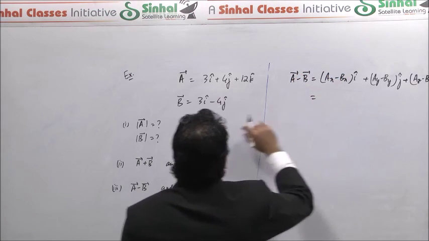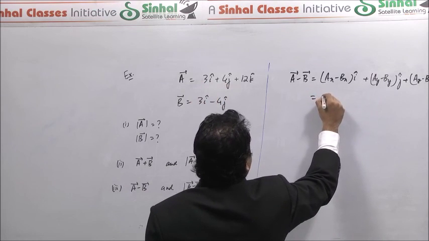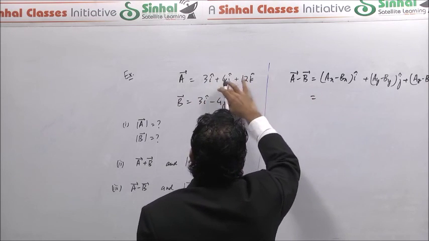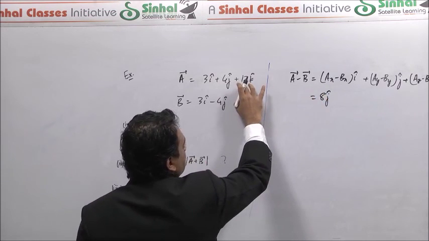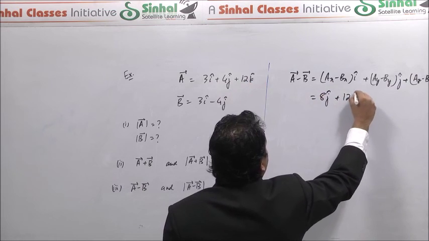So as you can see, ax minus bx would give us 0. Okay. ay minus by would give us 4 minus of minus 4, that's 8 j cap, and az minus bz would give us 12 minus 0, so that's 12.